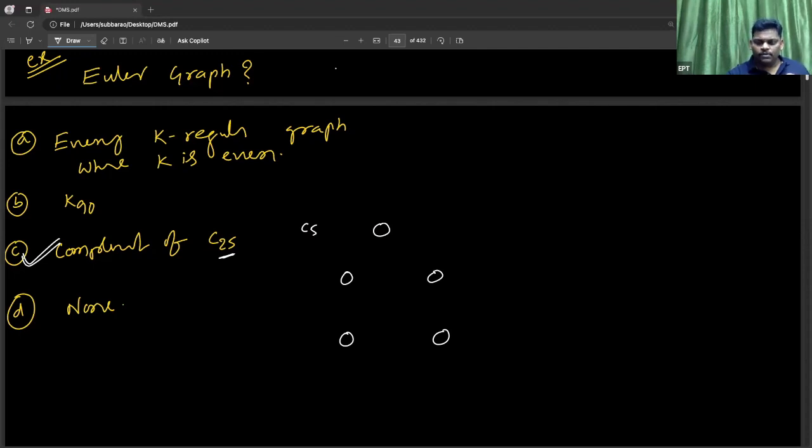Now see, C5 and C25 are odd numbers. When you say cyclic graph, it is like this.